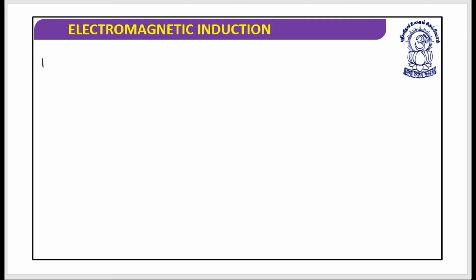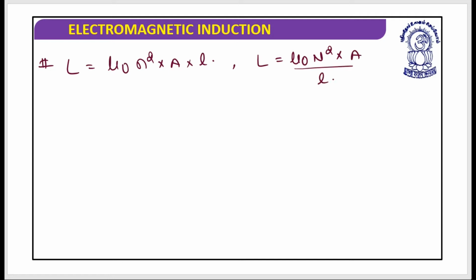A thing to be noted is that we have a self-inductance which is mu naught into n squared into area into length. And the other format is L is equal to mu naught into N squared into A divided by length.